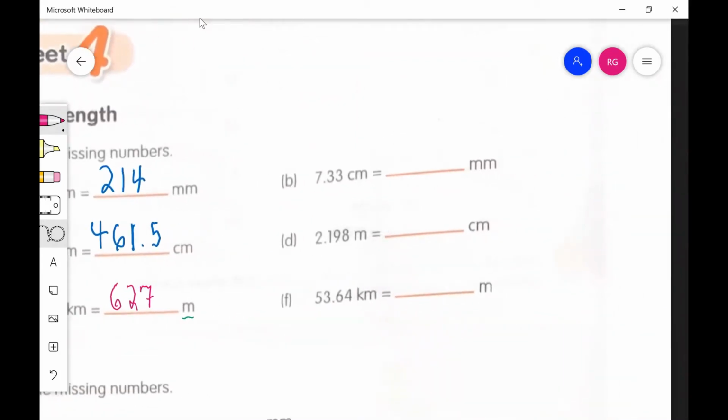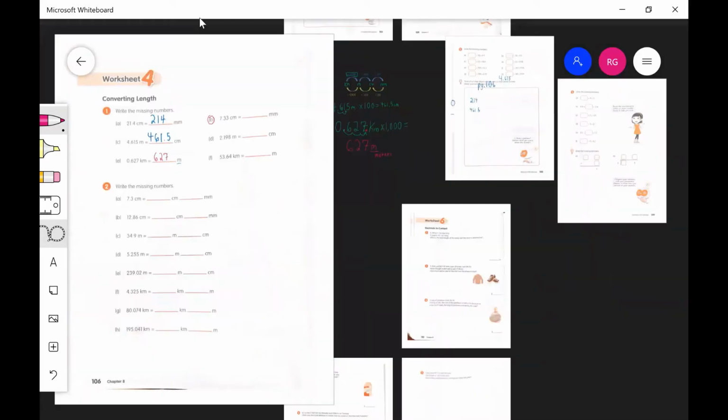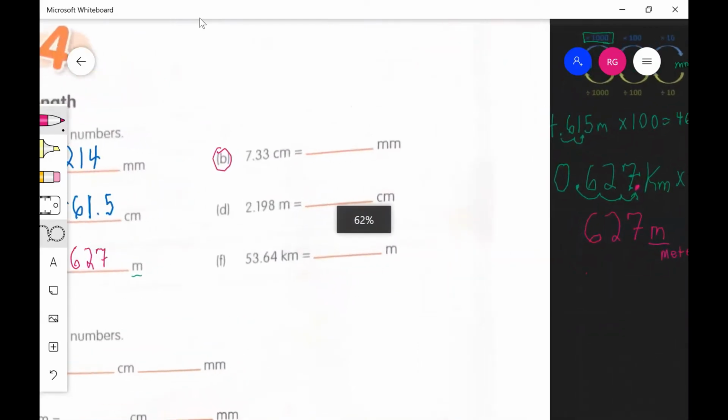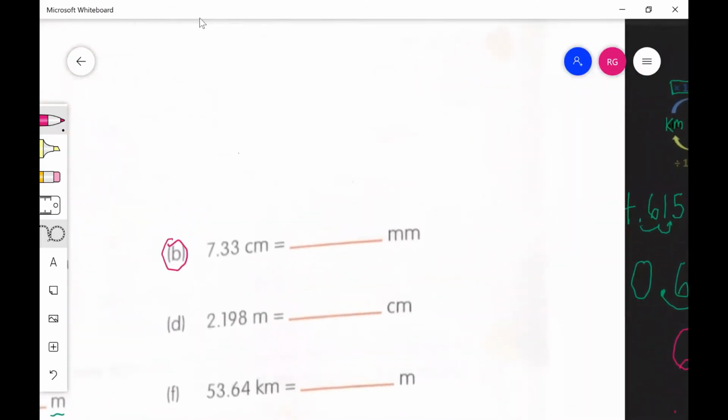All right. Let's see here. We have 7.33 centimeters equals how many millimeters? From centimeters to millimeters, we need to multiply by 10, right? So let's take 7.33 centimeters times 10. What do you think?